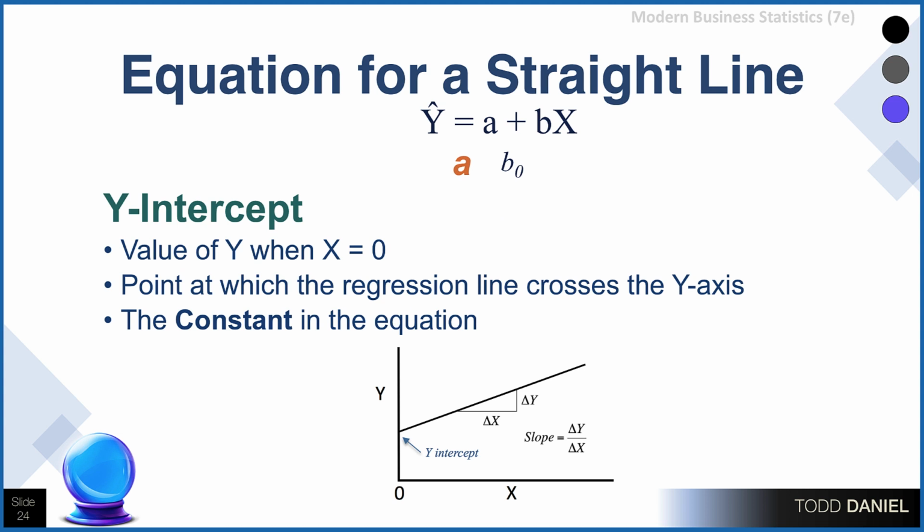Using our equation for the straight line, let's focus first on either a or b sub 0, the y-intercept. So this is the value of y when x equals 0. It's the point at which the straight line, the regression line, crosses the y-axis. This is called the constant in our equation. It is our starting point.